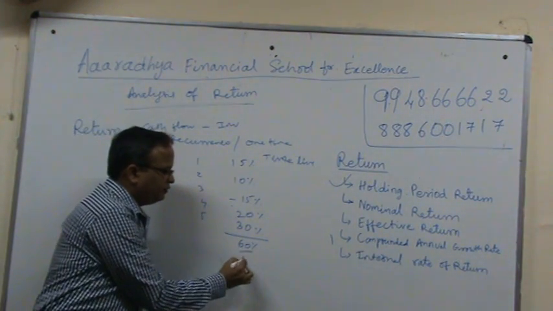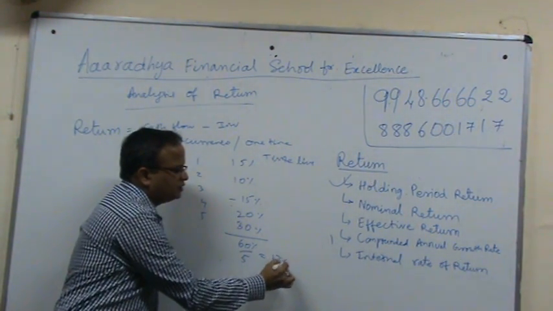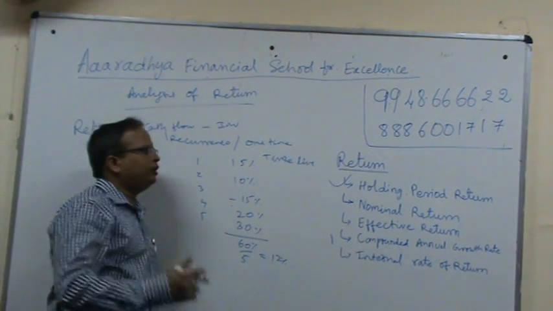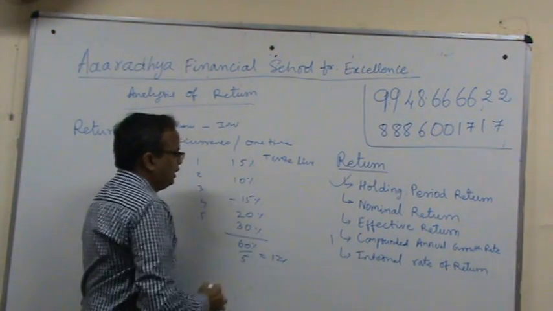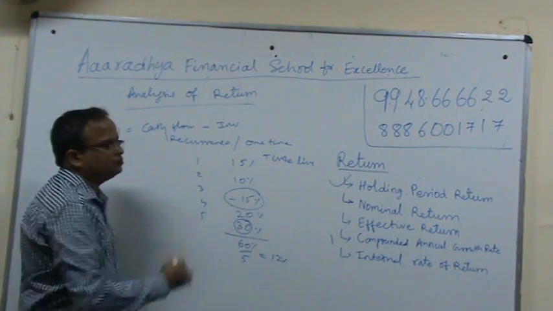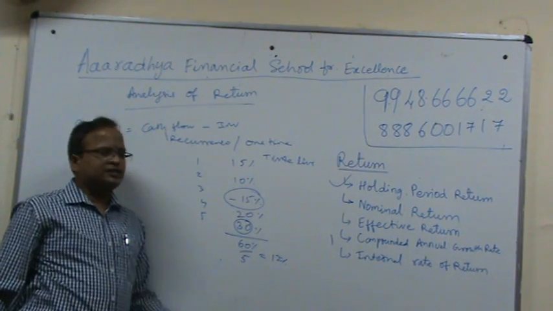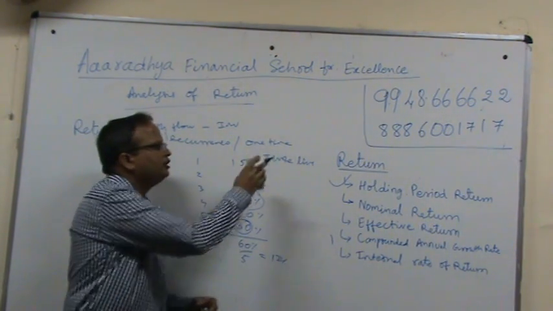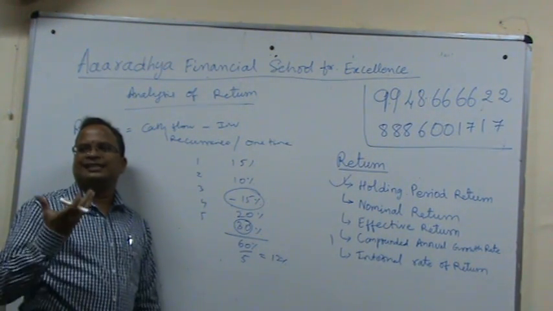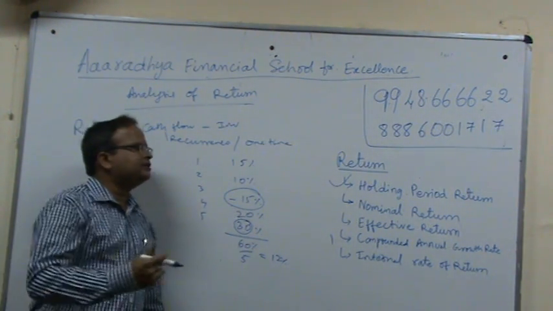Now 60% divided by 5, on an average in 5 years I got 12%. That is the general perception. But the point is, this has not considered these two extreme values. So when this has not considered these two extreme values, we say that this 12% return is not sensitive. To make it sensitive, what do I do?